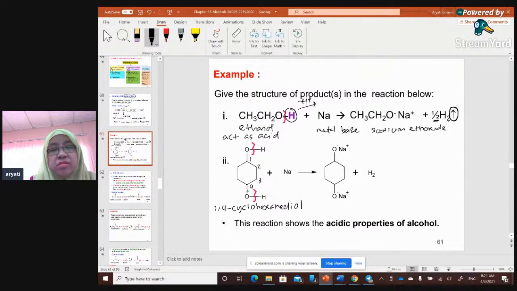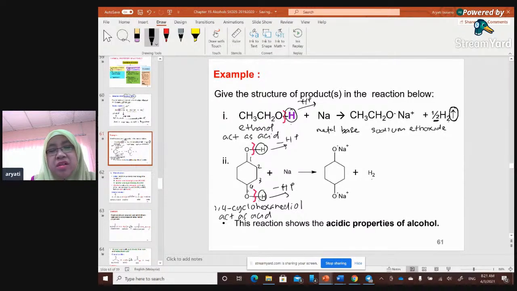Reacted with sodium, both will release hydrogen gas. It will act as acid and donate H+, this one donates H+, and this one also donates H+. So it becomes O minus, reacts with sodium to become O minus Na+, O minus Na+, and hydrogen gas is released.